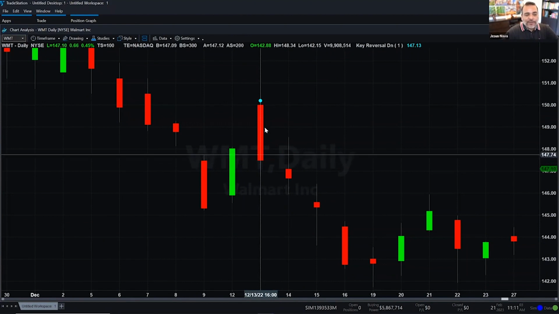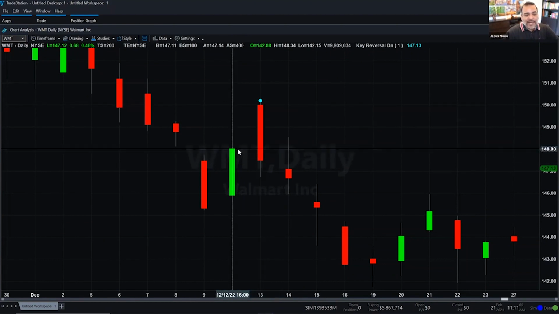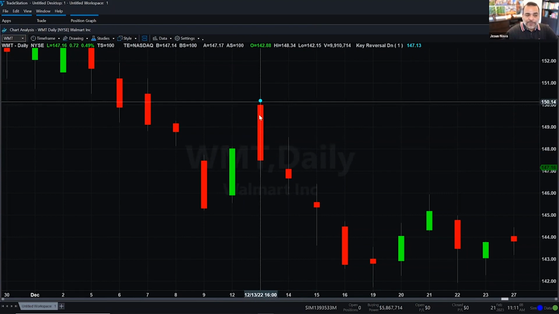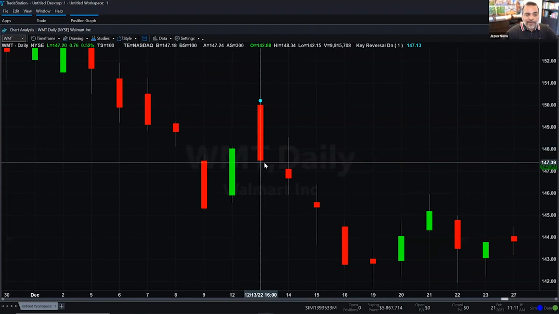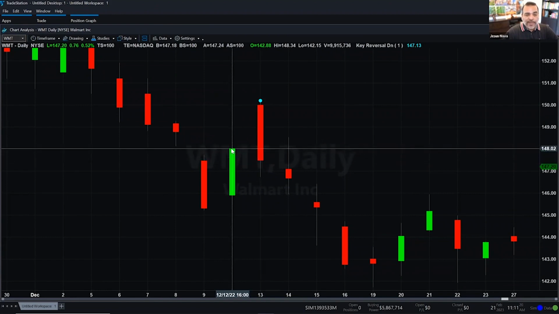The definition of a key reversal down is that you have a high, in this particular case the high of this red candle, higher than the previous bar's high. And then you have a closing price that is lower than the closing price of the prior bar. So that's a key reversal down. It's a very simple bar pattern. It doesn't include a lot of history.